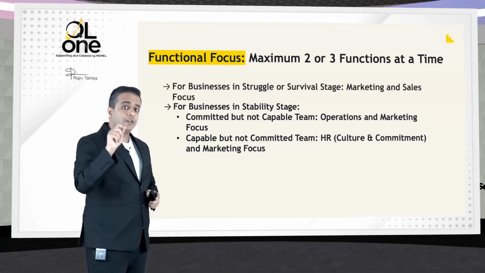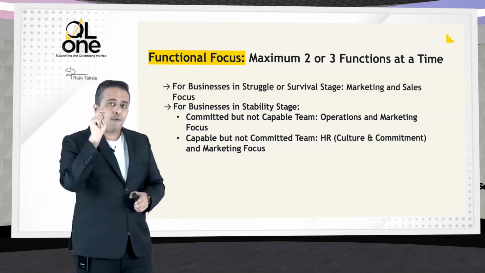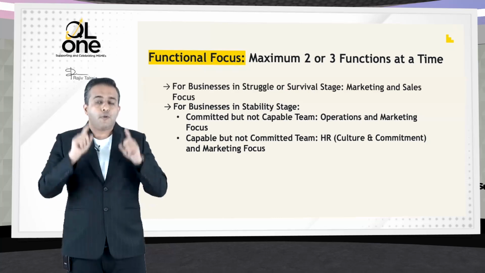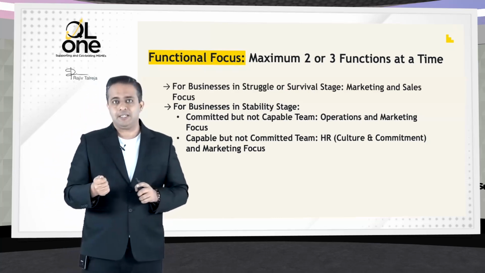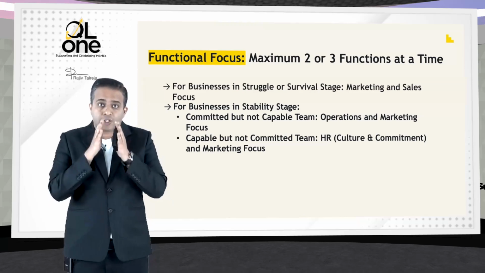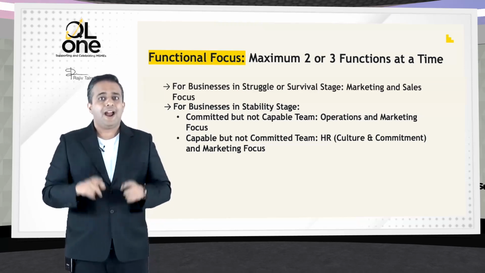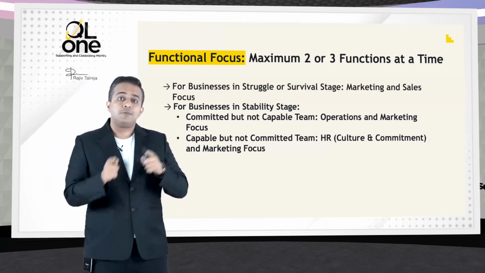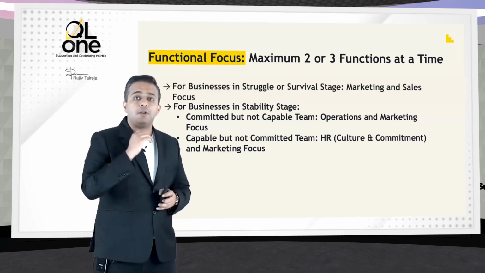If you're capable but you're not a committed team, then the focus has to be on HR and marketing. Why HR? For making sure the culture is getting tightened and we're coming together on certain principles and code of honor, and for making sure that the commitment and ownership is increasing so the management can trust that kind of a team with responsibility of leadership.